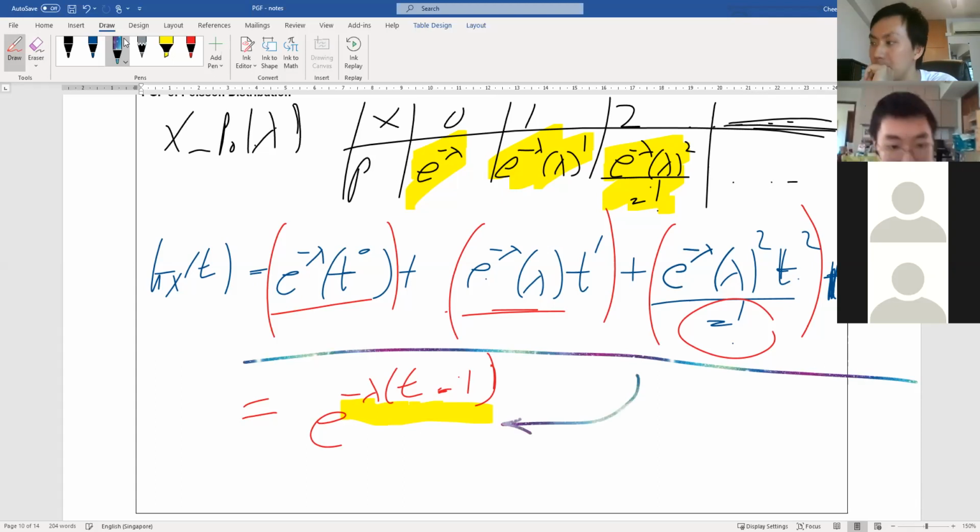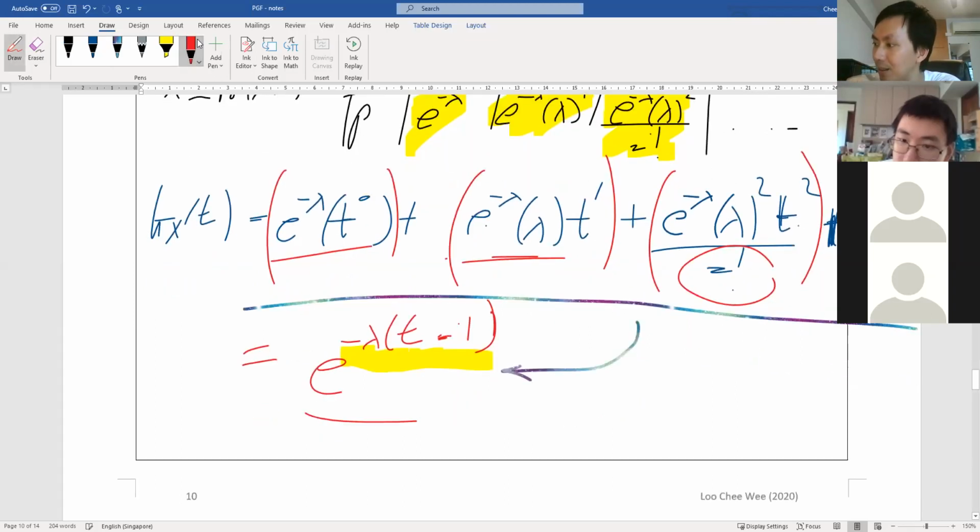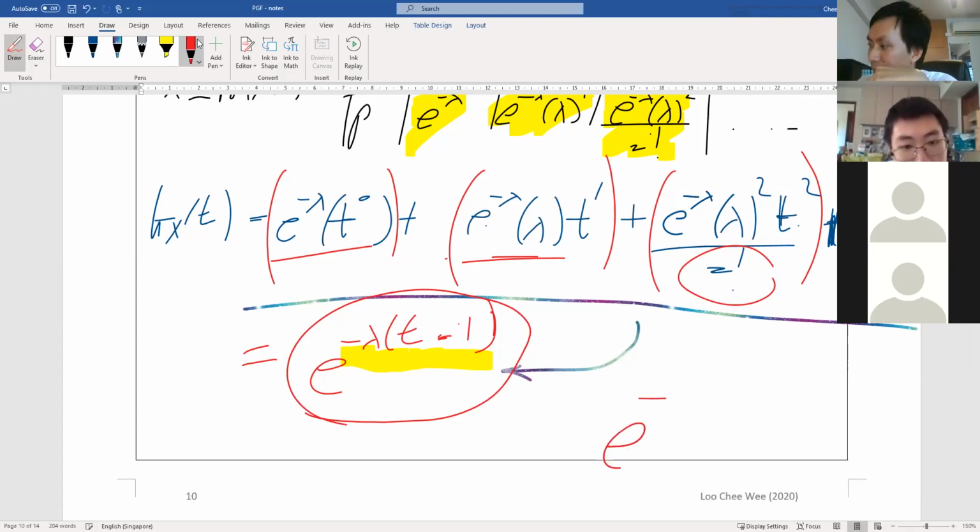So in the exam, as long as you get this expression in red as the final thing, then it's proven to be a Poisson? You must show that the desired form is this. That means you need to show that something follows a Poisson, so its PGF must be e to the power of negative something times t minus 1.